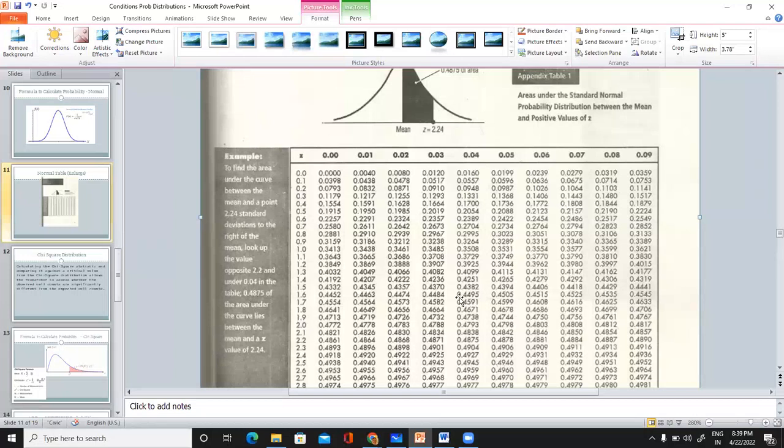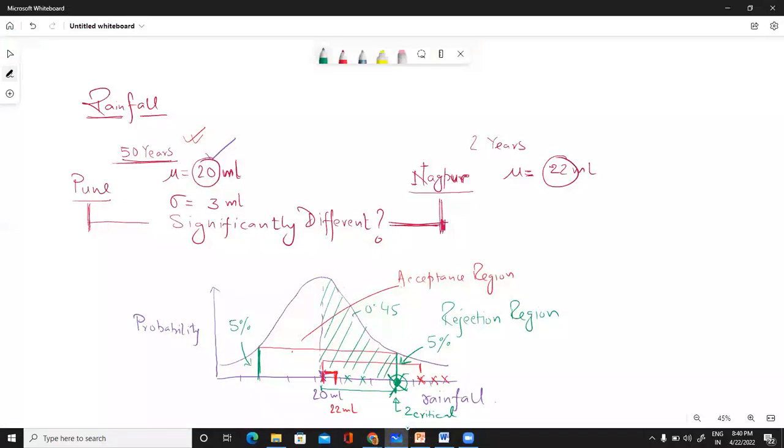So to get this much area, what is the corresponding z value? We will see in this row, 1.6 and 0.04. Actually, you can take either of these two, 0.4495 or 0.4505, and find the corresponding z value, which is 1.64. So z critical is equal to 1.64.